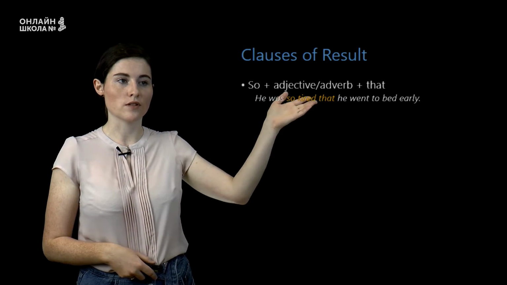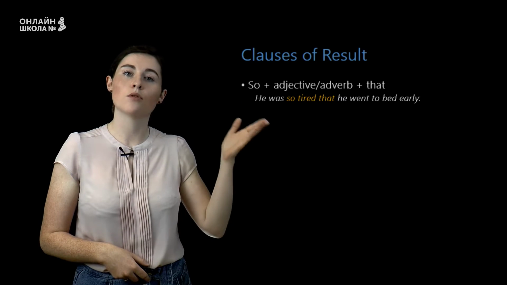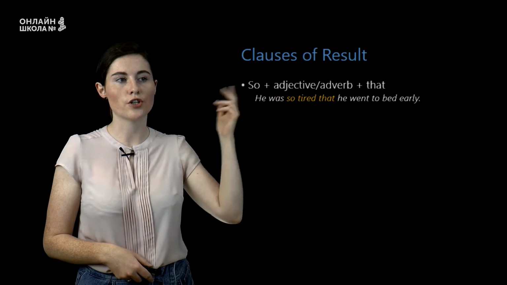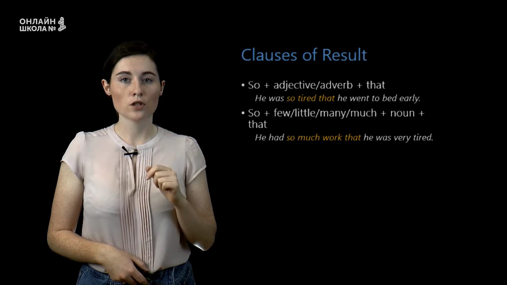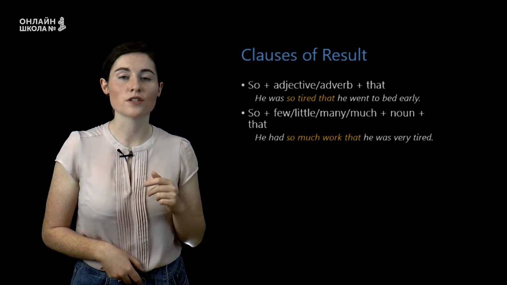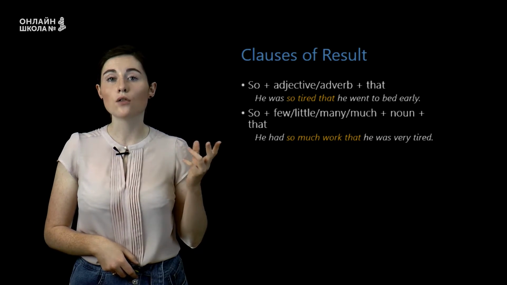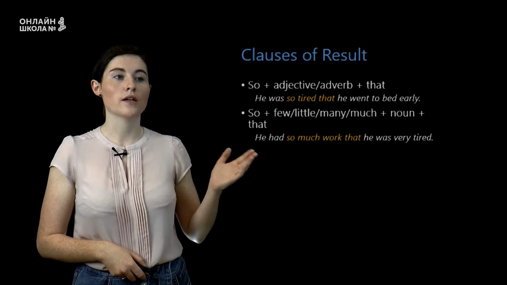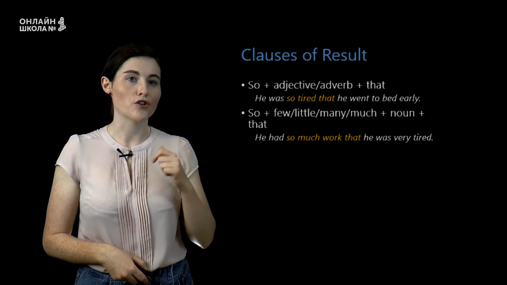То есть мы можем использовать здесь либо прилагательное tired, либо drove so fast, либо наречие. Fast наречие, tired прилагательное. One more structure. So plus such words as few, little, many, or much, plus a noun plus that. He had so much work that he was very tired.